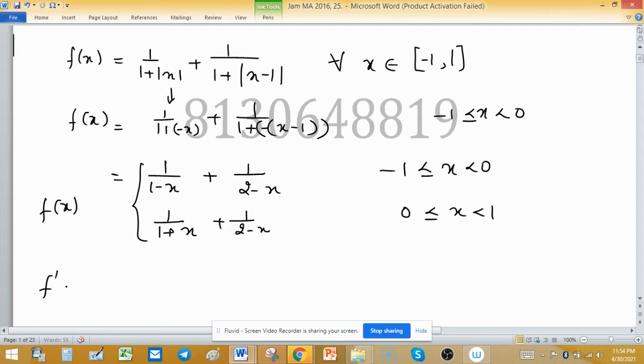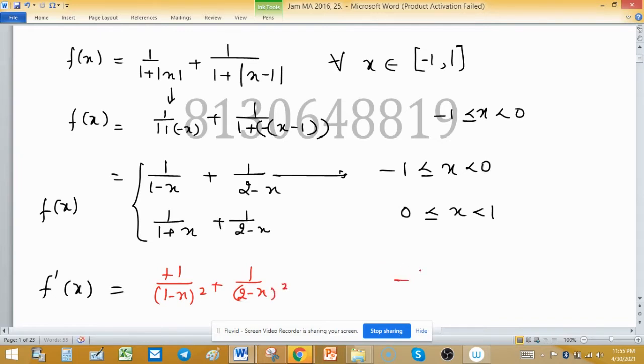Now f'(x), the derivative of this, will be minus of the derivative of 1 minus x, and again positive, so minus 1 upon (1 minus x) whole square plus 1 upon (2 minus x) whole square.